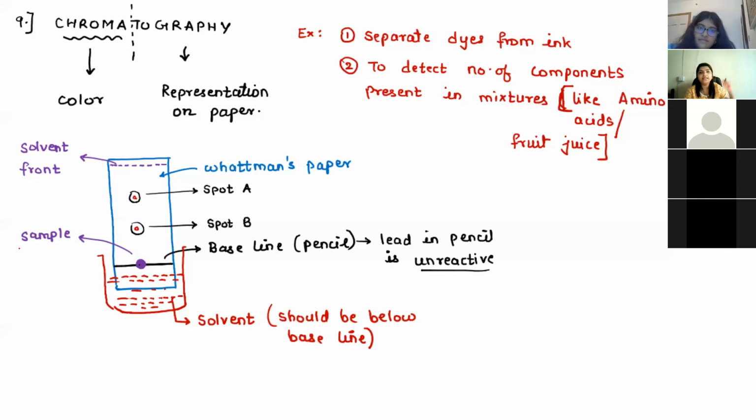So in the literature, means there is a book, where there is a calculation of RF value. RF value is called retention factor value. Based on the RF value, you can calculate which spot corresponds to what.